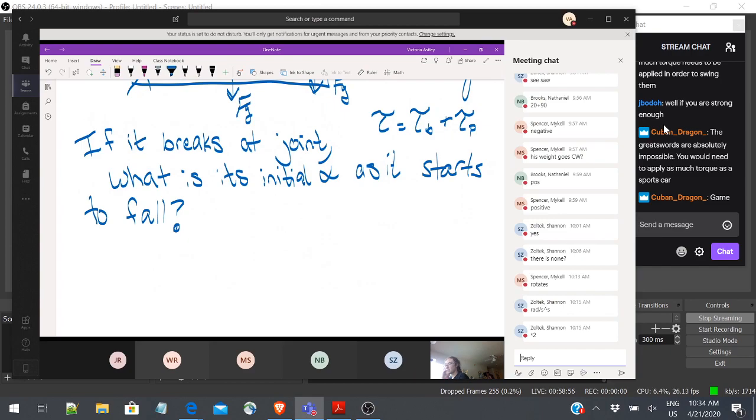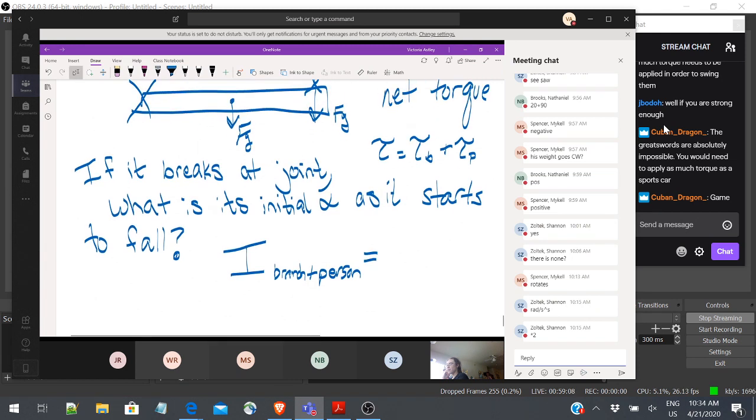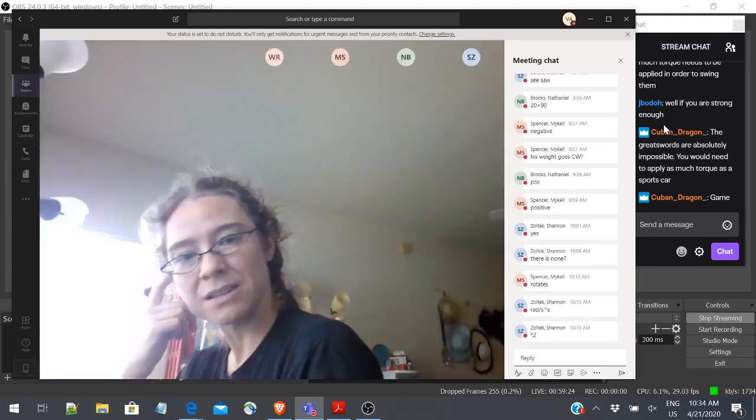So what we would do is we would find the moment of inertia for this whole thing, the branch plus the person. So that would be the moment of inertia for a long, thin rod rotating about its end. Just show my desktop. This is easier.